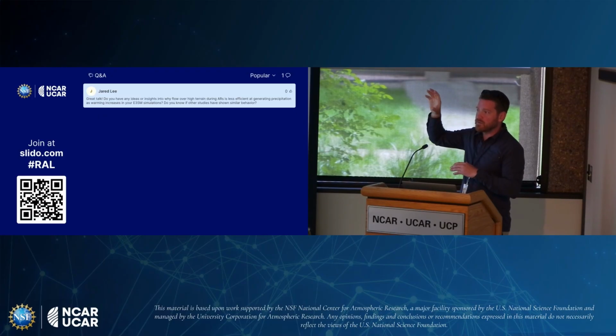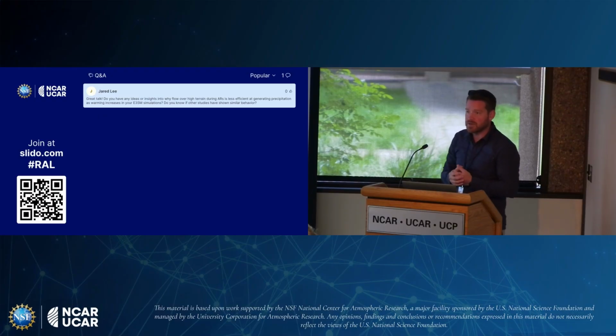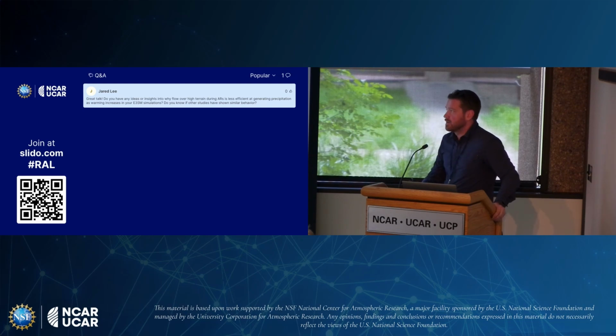So it becomes harder for them to extract the moisture as a result. I think that's part of the answer, but it could also be model sensitivities in microphysics. It could be all sorts of things. So that's an area of interest that I still have: thinking about precipitation efficiency in a warming world, and especially at different time scales, like storm total versus 10-minute or higher frequency. Hope I answered your question, Jared.